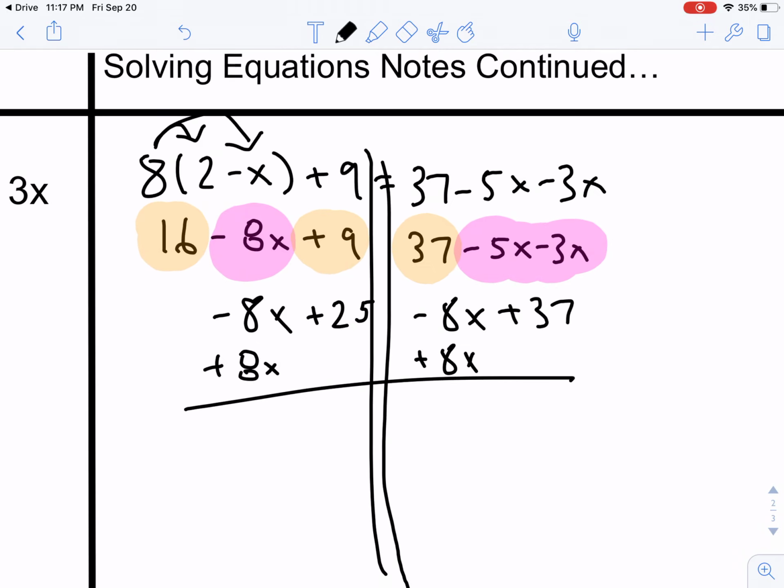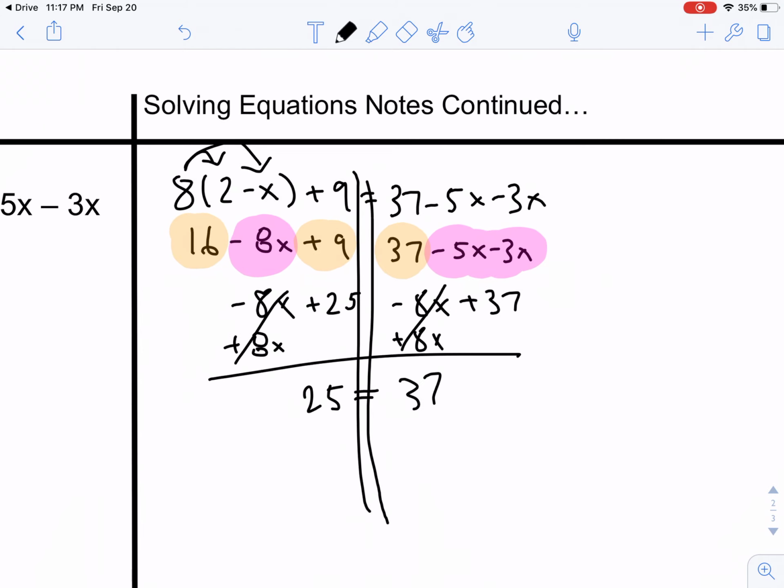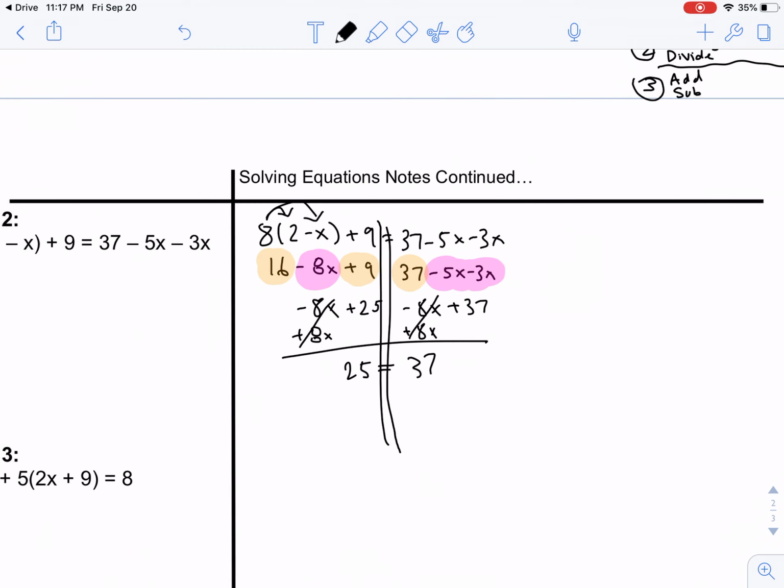Because our next step is to get the variables on one side. Well, what we just did was we have no more x, right? So we end up with 25 equals 37. And that statement is not true. And when we have a situation like this, we're going to say that there's no solution.